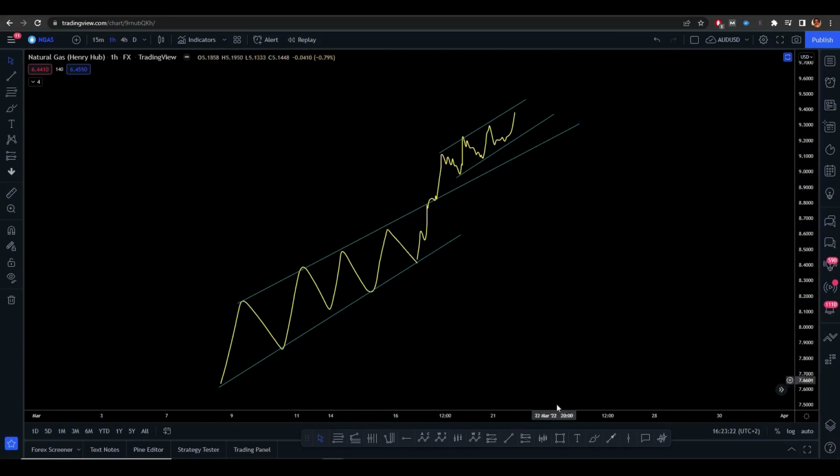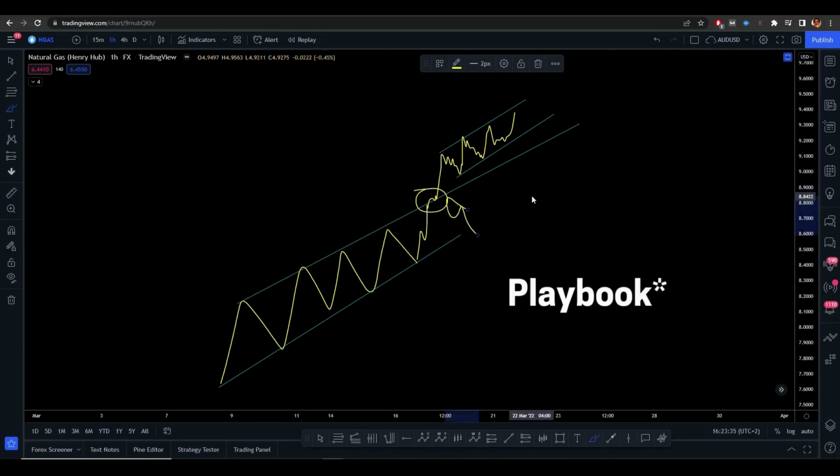So this here was a breakout trade out of the primary channel. This here could be a particular play, a trading play in your own trading book.